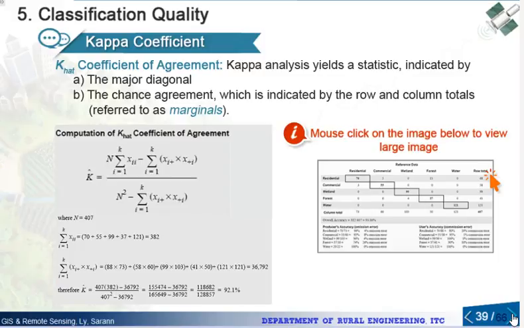It is a measure of agreement or accuracy between the remote sensing derived classification map and the reference data, as indicated by the major diagonal, and by the chance agreement, which is indicated by the row and column totals, referred to as the marginals.